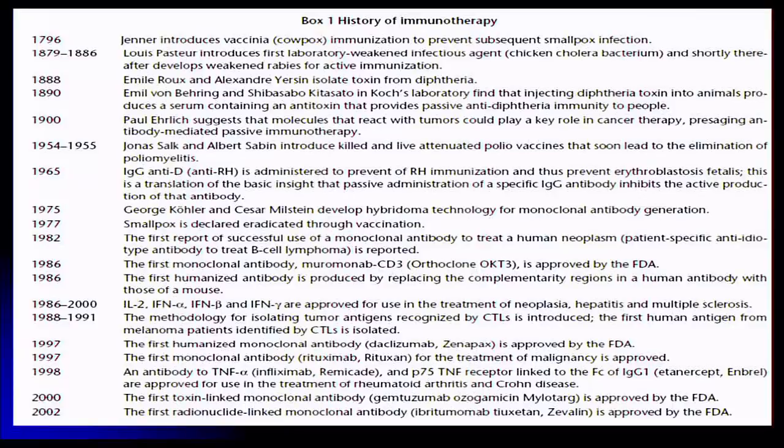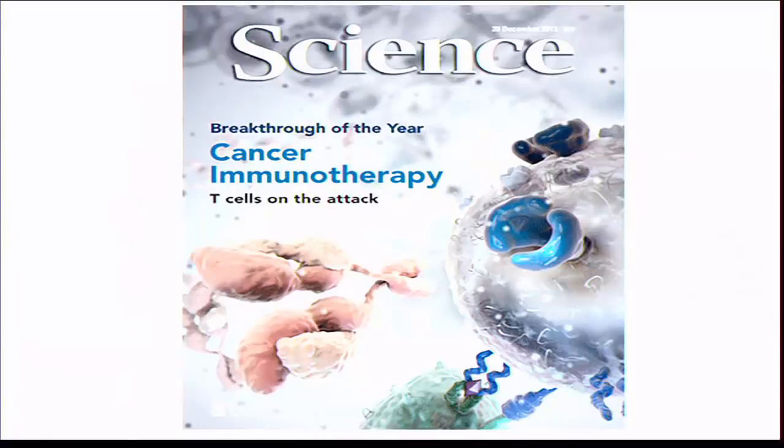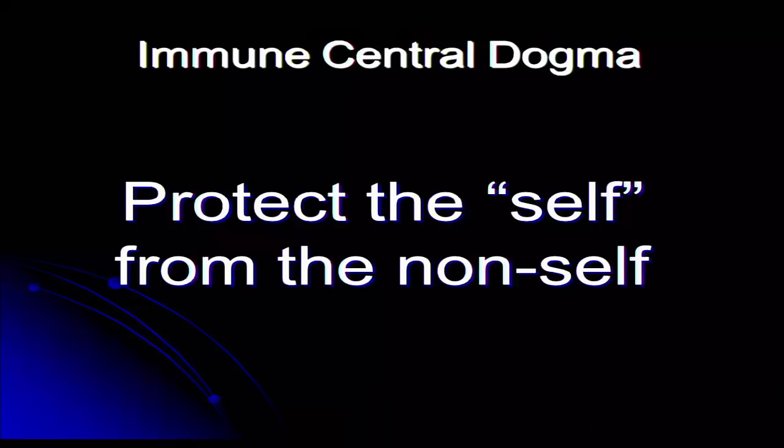But when we're talking about cancer immunotherapy, we actually realize that it happened only in the past 30 years. And in order to understand how immunotherapy works, we need to understand how the immune system works. Immunotherapy was really termed the breakthrough of the year in 2014 by Science.